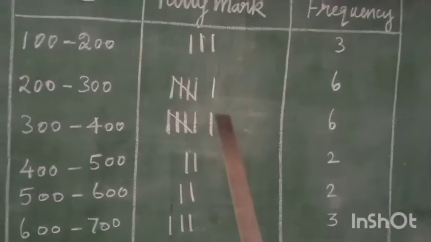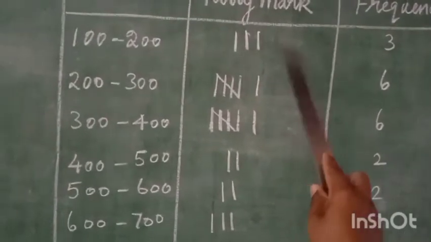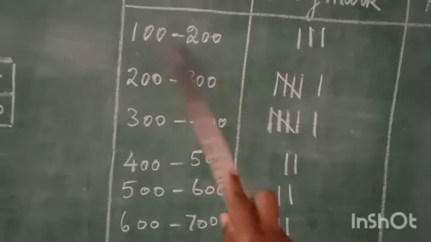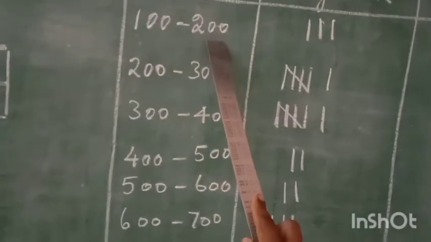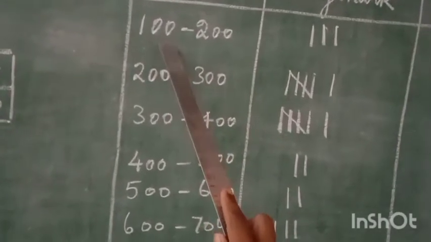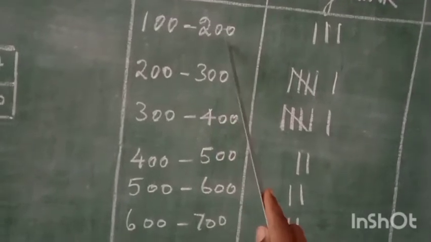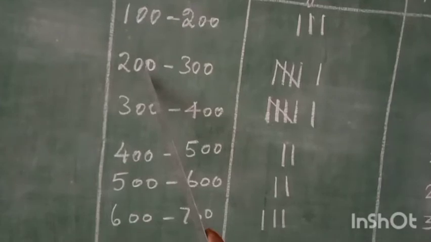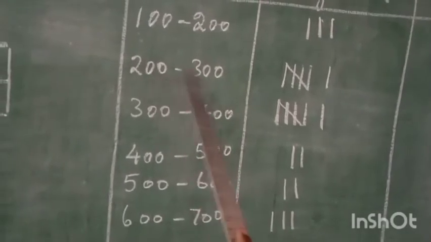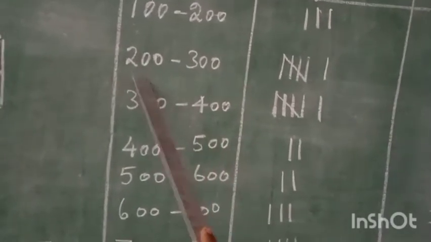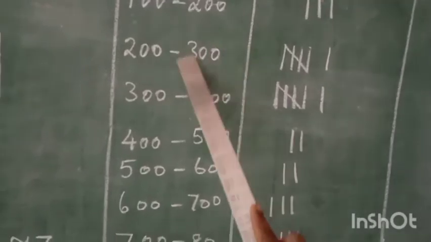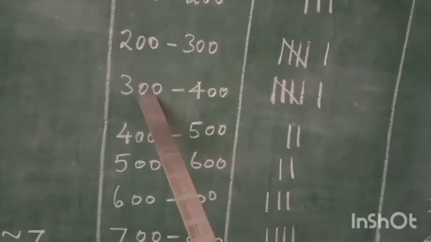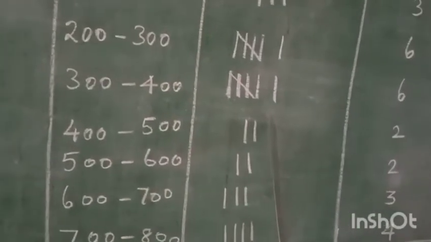In 100 to 200, it means 100, 101, up to 199. The 200 is included in the next class interval. Likewise the next is 200 to 299, and 300 is taken in the next class interval.